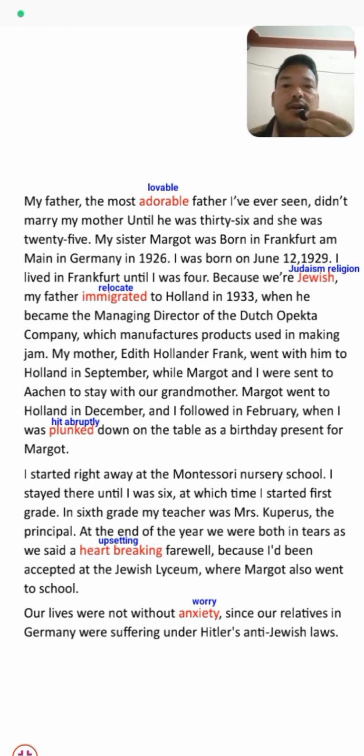Yes, students, in this paragraph she says that her father was a very loving father, and she has never seen such a good father. Her father didn't get married until the age of 36, and her mother didn't get married before 25.